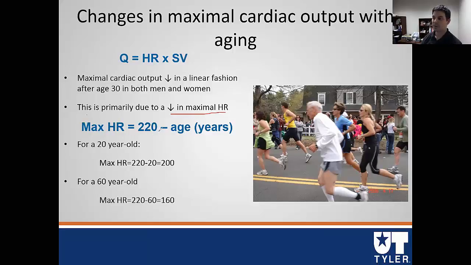So therefore, as you get older, your maximal heart rate will decrease. And if your maximal heart rate decreases, it plays such an important role, in fact the only role, in increasing cardiac output at maximal exercise intensities, we also have a decrease in maximal cardiac output, right?